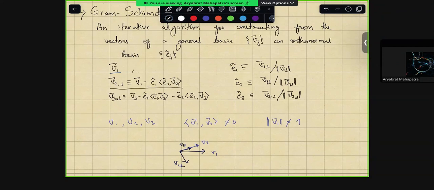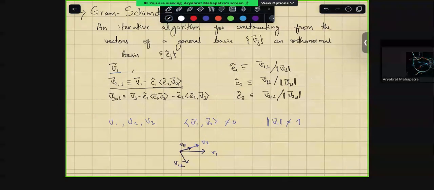In this case, similarly, for v2 perpendicular, we take v2 and subtract out its projection on the v1 vector. This is the projection on the v1 vector, and subtracting it from v2 gives you only the perpendicular component.